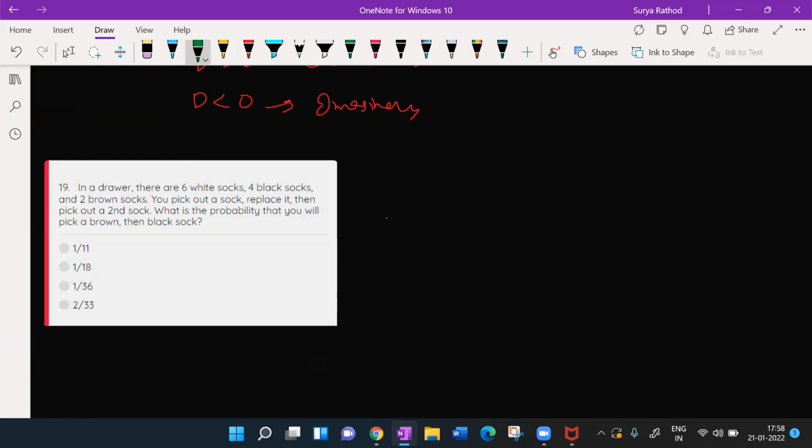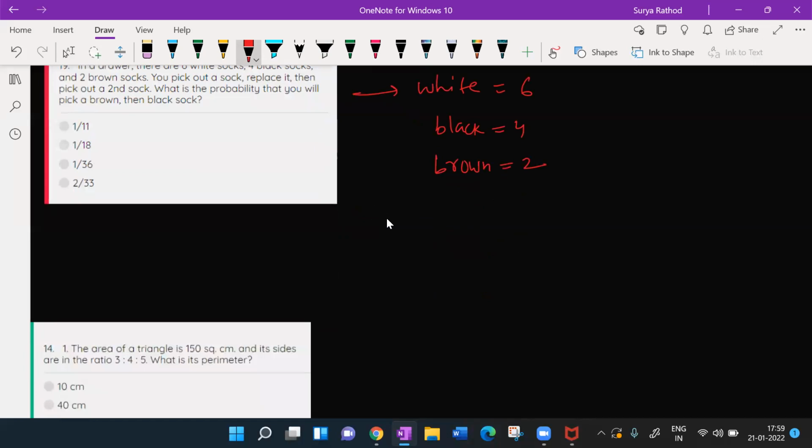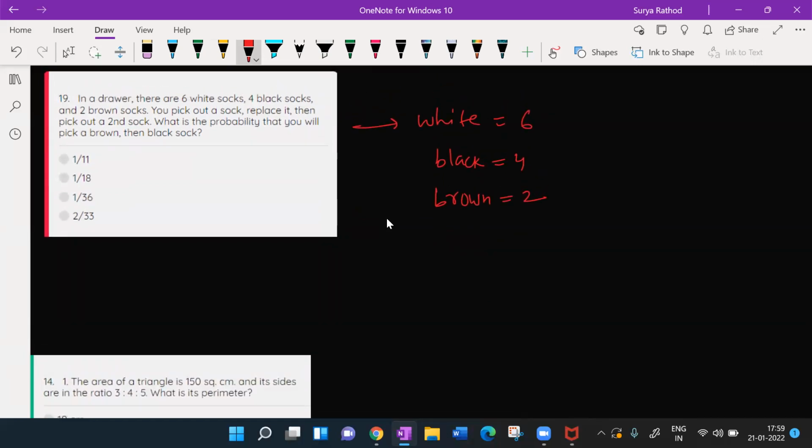In a dryer, there are 6 white socks, 4 black socks, and 2 brown socks.